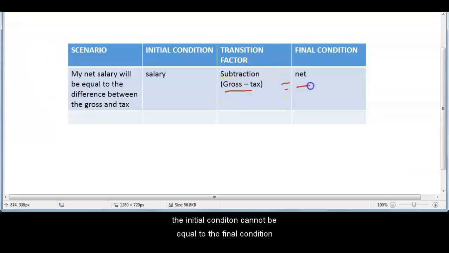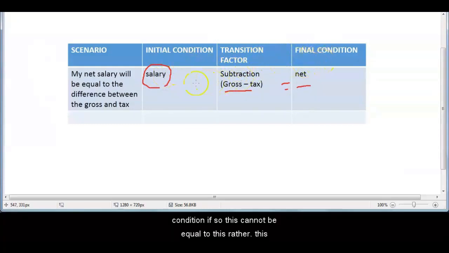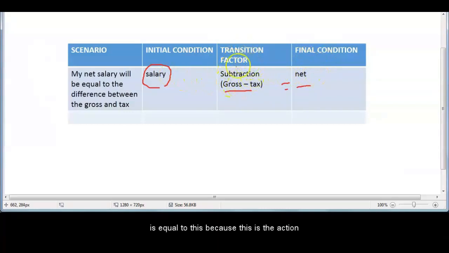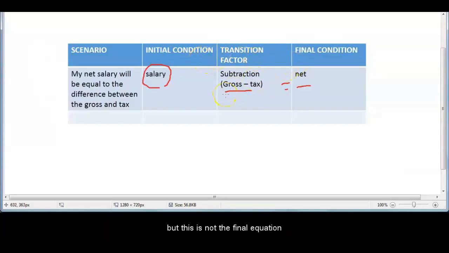The initial condition cannot be equal to the final condition. An action has to be performed on it to change it to the final condition. If so, this cannot be equal to this. Rather, this is equal to this, because this is the action that changes the condition from the initial to the final state. But this is not the final equation.